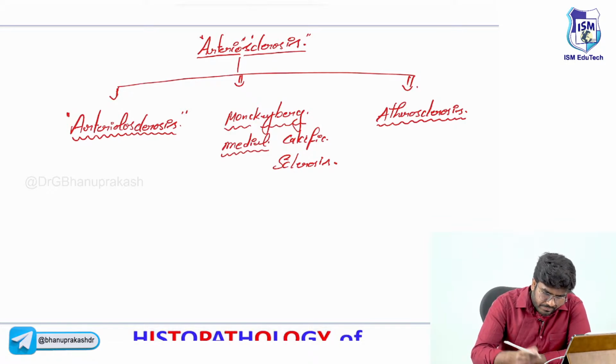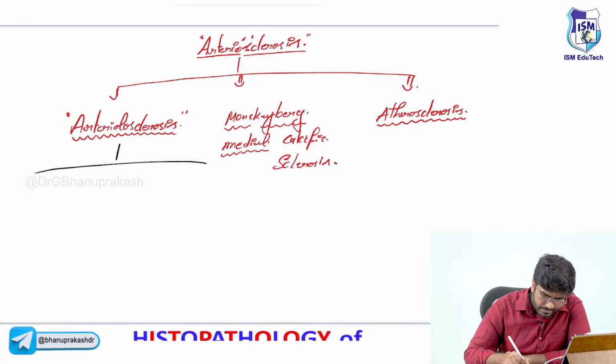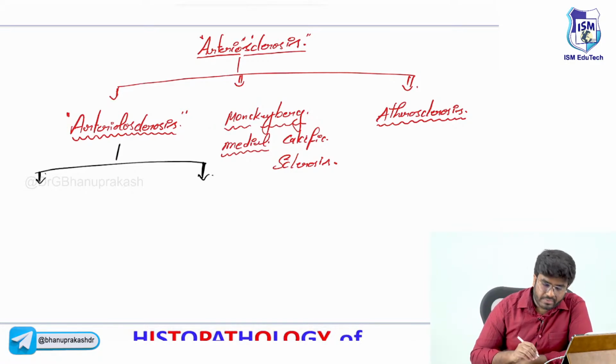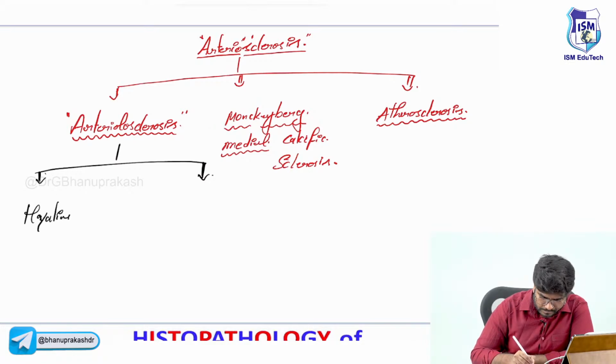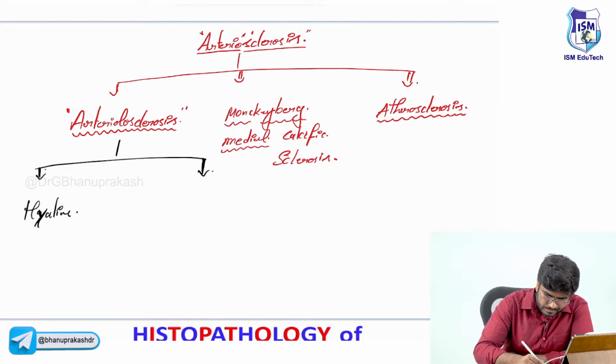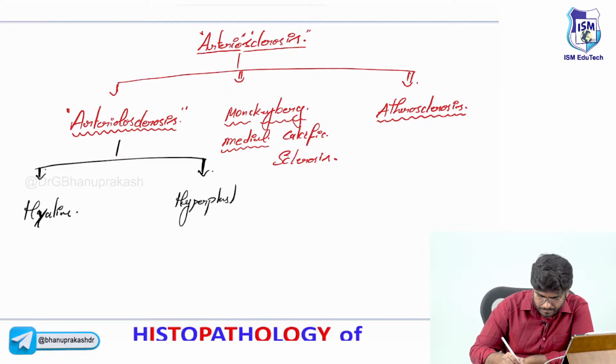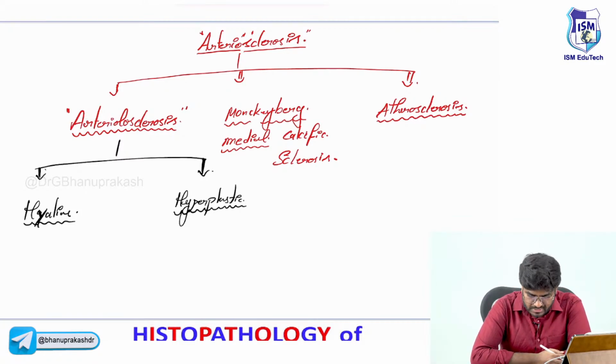Now, first let's begin with arteriolosclerosis. How many types of arteriolosclerosis are there? There are actually two types, very important for your exam: hyaline arteriosclerosis and hyperplastic arteriosclerosis.